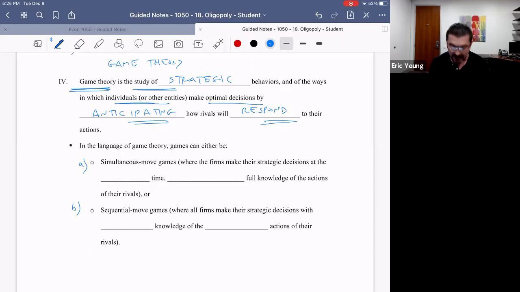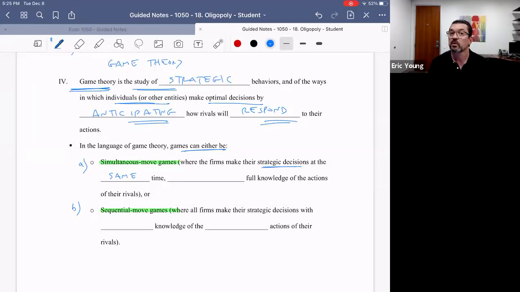Broadly speaking, in economics, we believe that games can either be, number one, simultaneous move games, or number two, sequential move games. In a simultaneous move game, the firms are making their strategic decisions at the same time, simultaneously.